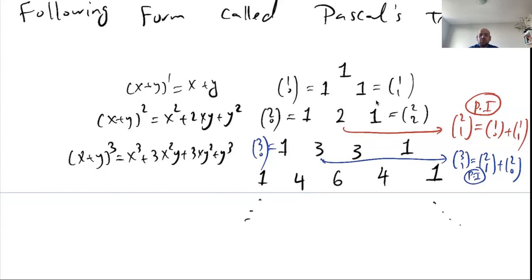In other words, why should we add these two numbers in the row above to find this number here? The reason is because of Pascal identity: this number is supposed to be the second number in the binomial expansion, 3 choose 1, but by Pascal identity, 3 choose 1 can be written as 2 choose 1 plus 2 choose 0, which means the two numbers in the row above.